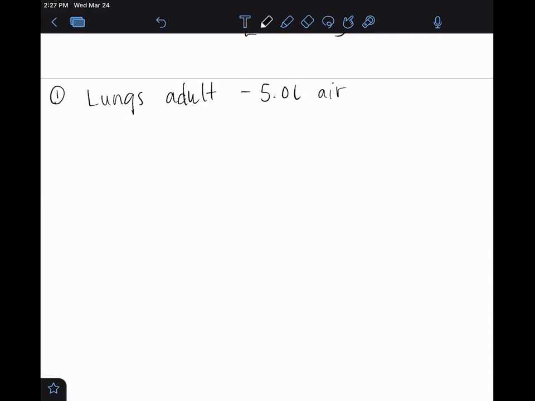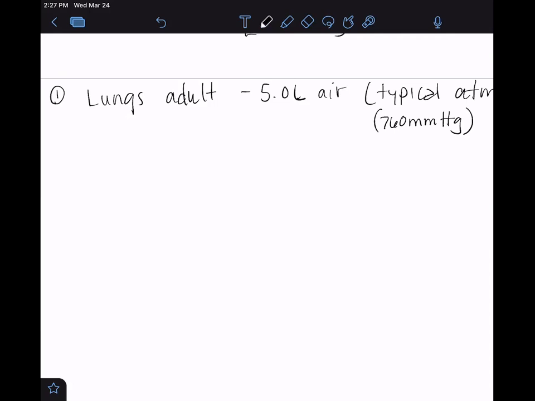Okay. We also know that this only takes place under normal, or typical, I should say, atmospheric pressure, which is 760 millimeters of mercury. Alrighty. So that's under typical.